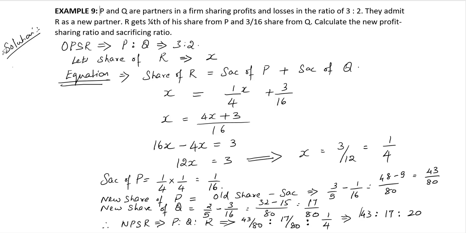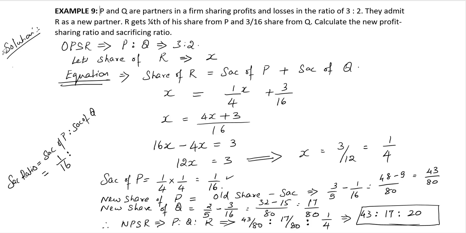This is the NPSR between P, Q and R, whereas the sacrifice ratio is the sacrifice of P is to sacrifice of Q. Sacrifice of P is 1 by 16 is to sacrifice of Q is 3 by 16, or 1 is to 3. So this is the sacrifice ratio between P and Q.